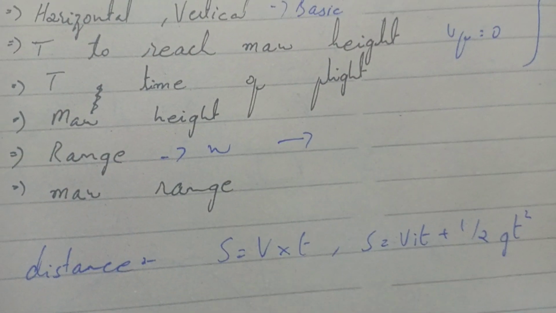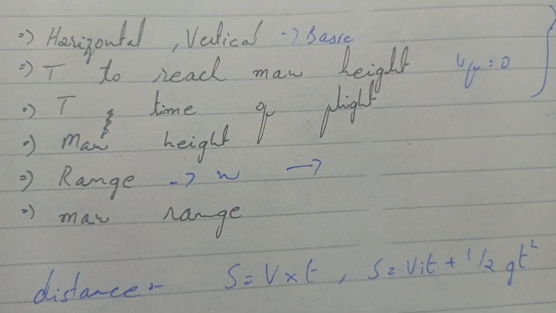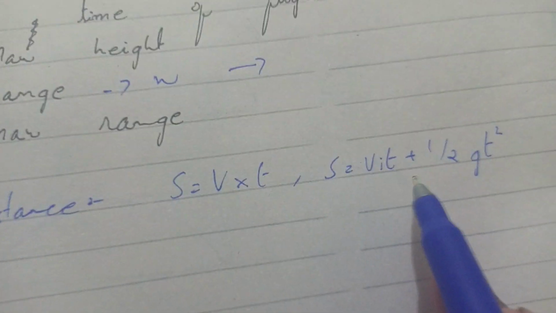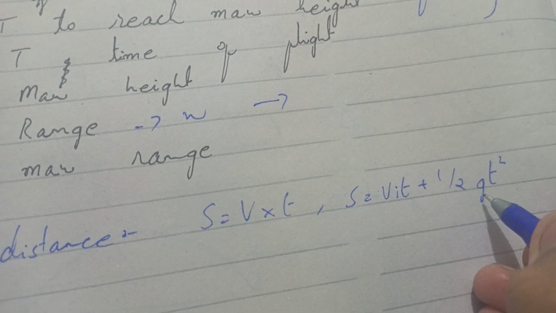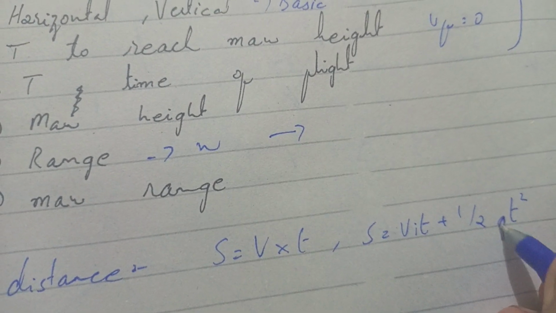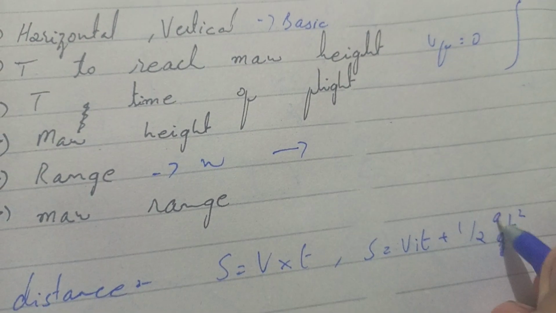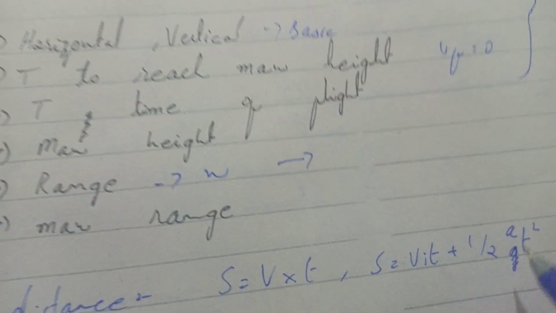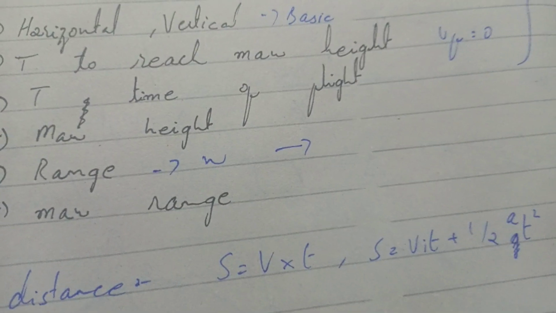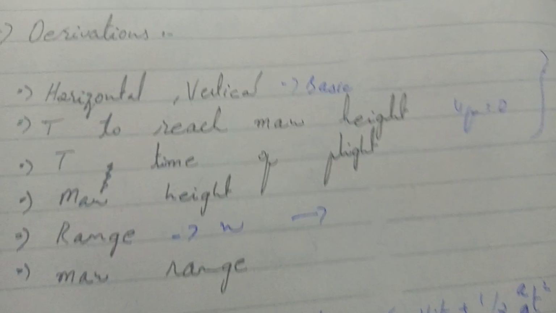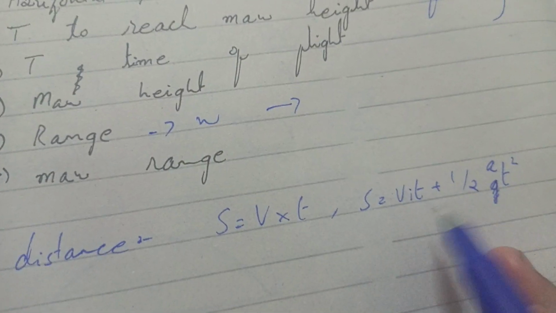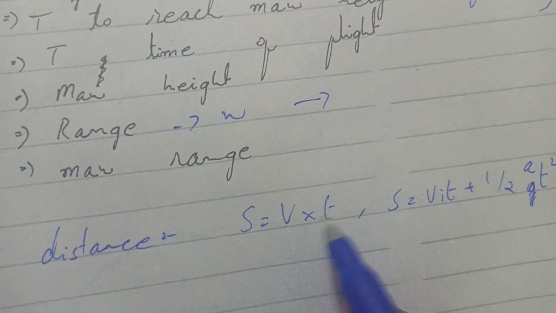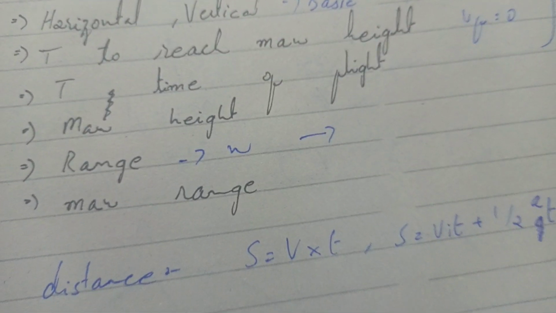The reason is that we cannot take the second formula for horizontal because it contains a. If I put a here, it becomes a t square. What does a mean? A means acceleration, and as we know, in the horizontal, acceleration is 0, so we cannot take this formula. We can take the first formula because we have velocity and time.